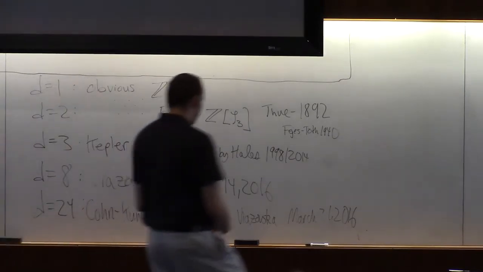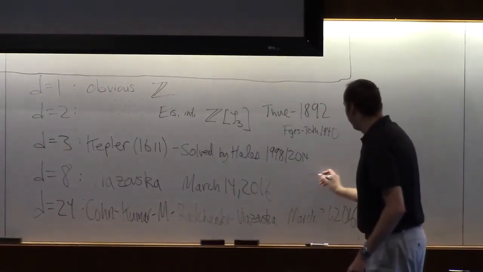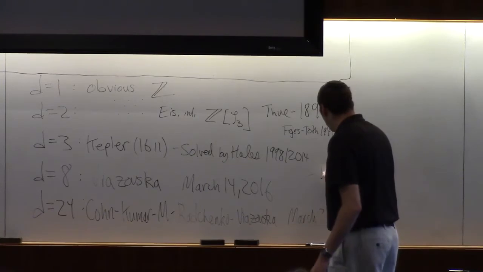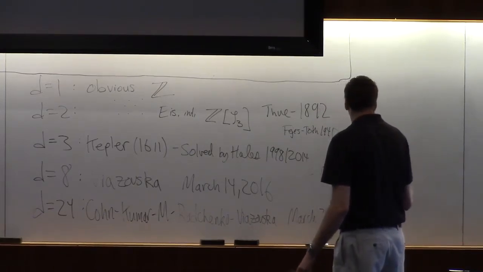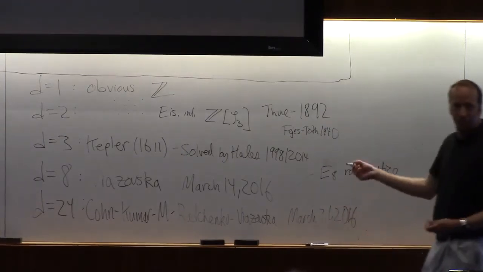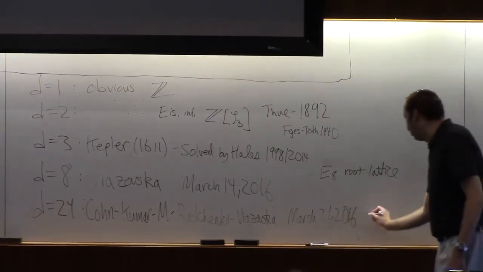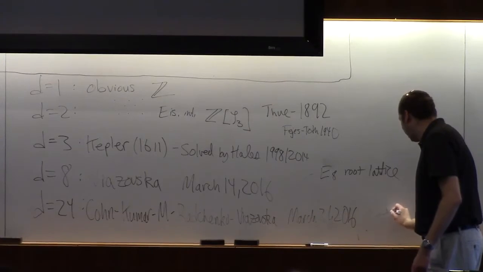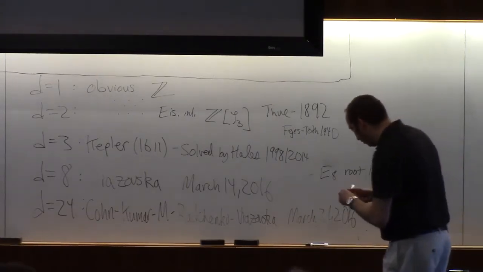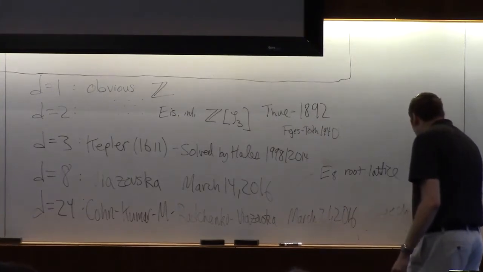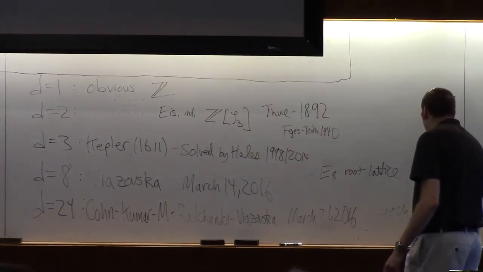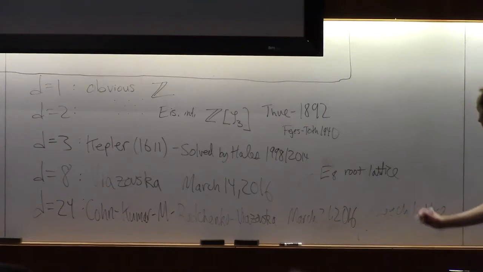So the best packing in dimension 8 is given by something called the E8 root lattice. So it was already thought that it was the best packing there. As in 24, there's a very good candidate called the Leech lattice.